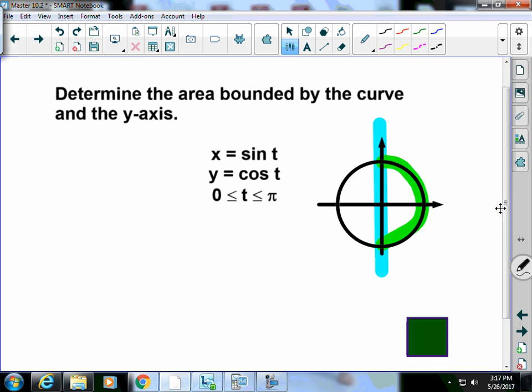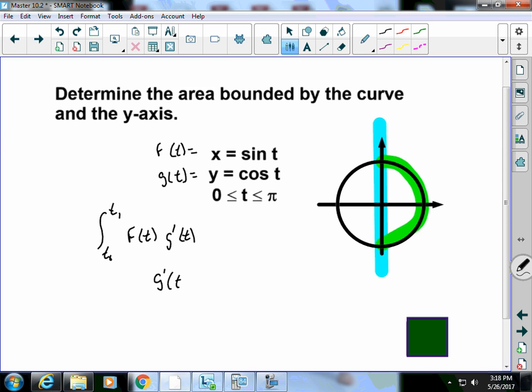So I got, let's see, f of t is equal to this, and g of t is equal to that. So I want to integrate from t sub 0 to t sub 1 of f of t g prime of t. Well, what is g prime of t? G prime of t says take cosine t and take the derivative of that, which is minus sine t.